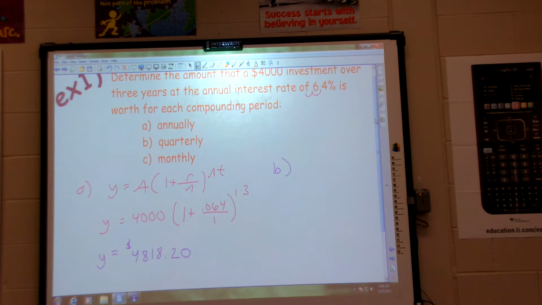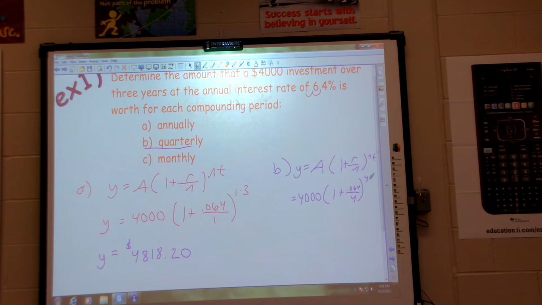B is just asking for quarterly. So isn't everything the same, except for N? Correct. Everything's exactly the same except for N. So y equals a times 1 plus r over n to the nt. A is 4,000. 1 plus 0.064 over what is n? 4, because it's quarterly.